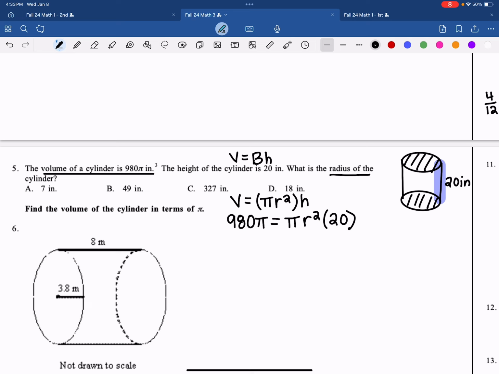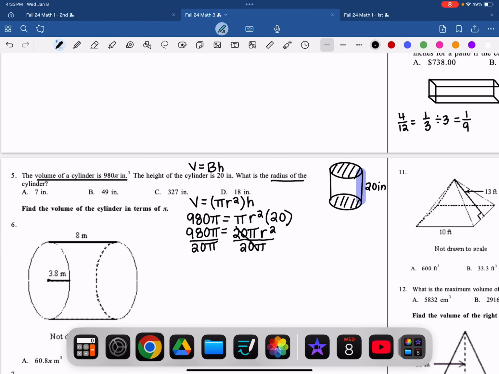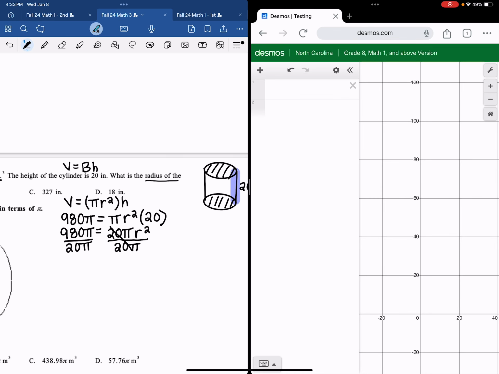So all of my units match up. I just need to simplify this. So I have 980 pi equals 20 pi times r squared. So I'm going to divide by 20 pi. Once I divide by 20 pi, that's going to simplify so that we can take the square root.